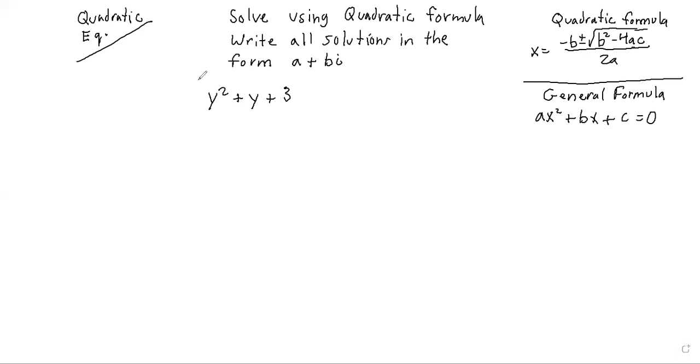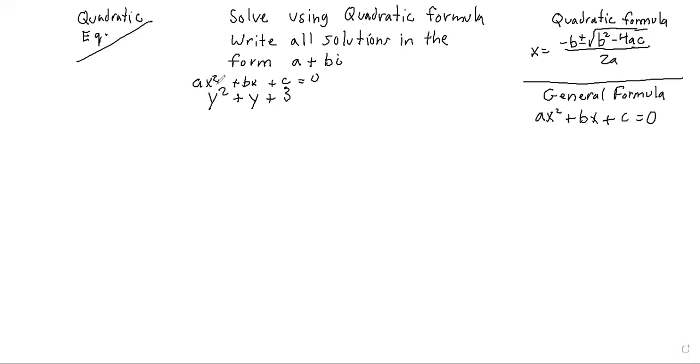We simply use our general formula. We'll write it right over the given question: ax squared plus bx plus c equals 0. Then we align the coefficients a, b, and c with the corresponding terms.